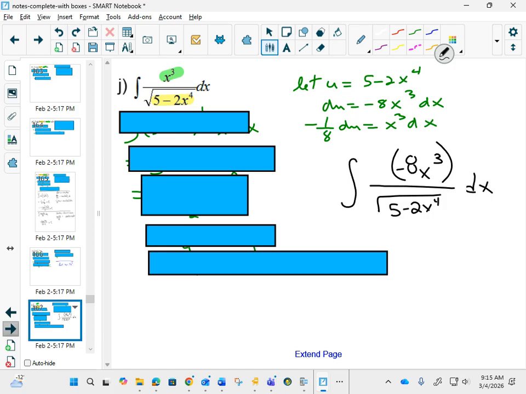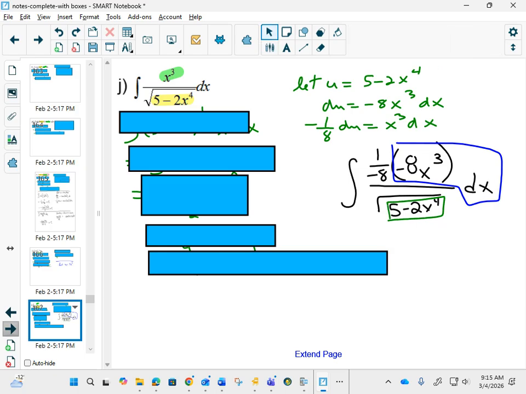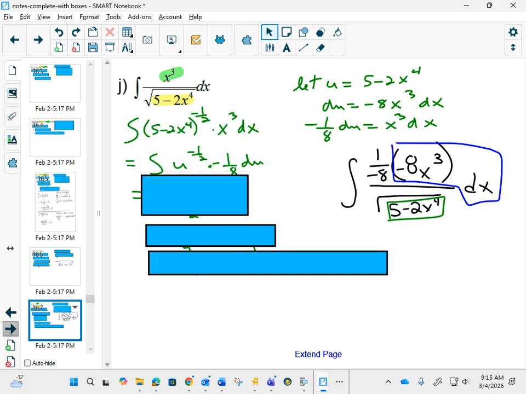Well, that's not really allowed, unless I also divide by -8, or multiply by 1 over -8. And then when you do the substitution, can you see that this becomes your du? This becomes your u. And you still have the -1/8. We got the -1/8 because we substituted in and included it in the substitution. This gets the -1/8 because you did preliminary work to make it match. Both are fine.